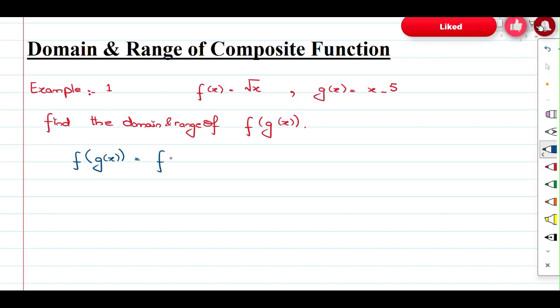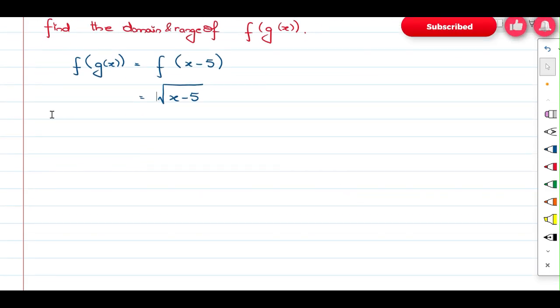So you have g of x is x minus 5. And what is f of x? f of x is root of x. This is your function f composition g of x. The resulting function f composition g is root of x minus 5.